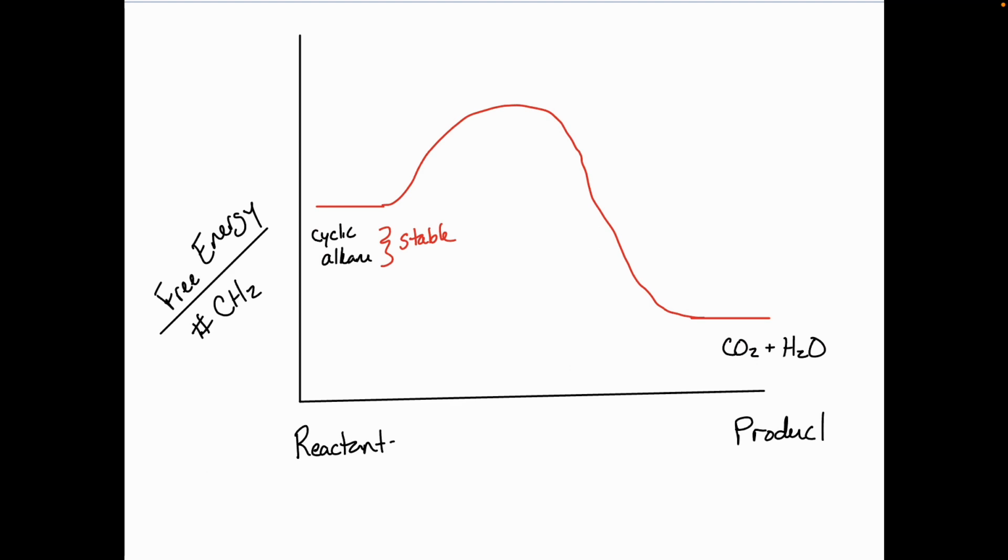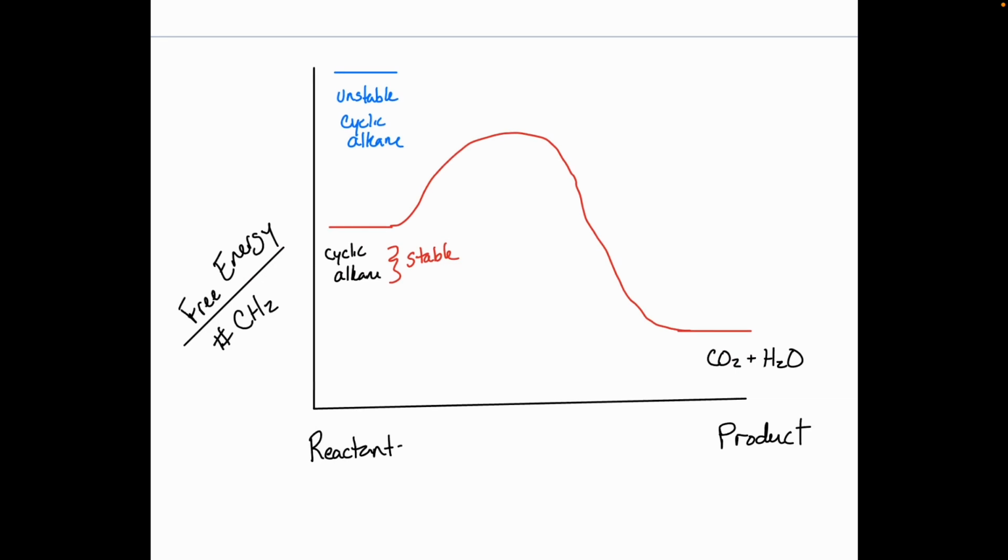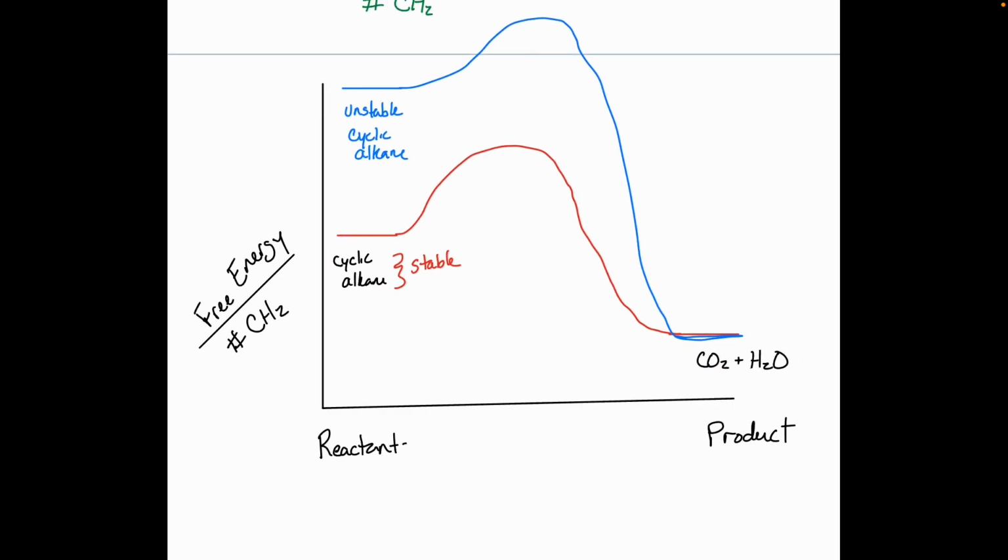So a less stable ring means that I'm going to start out somewhere up here. Okay, so here's my unstable cyclic alkane. But importantly, because in this reaction I'm always producing the same products, my product energy level is going to be the same. Right?